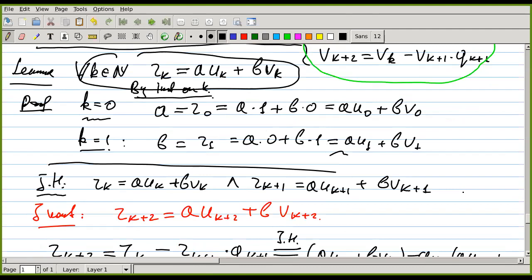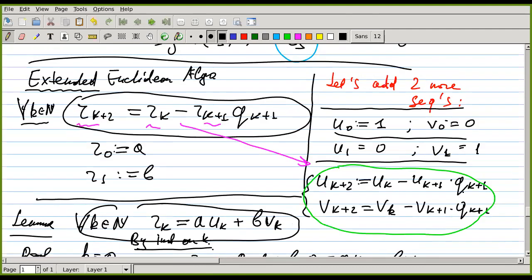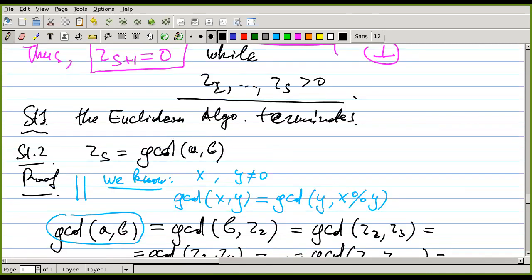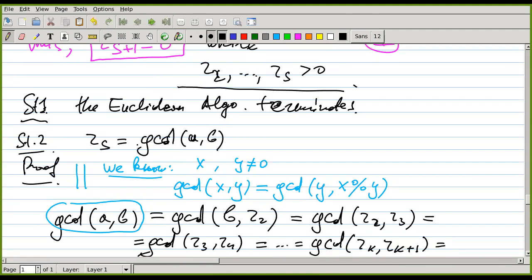Yes. And in particular, we can take K being equal to S, but RS is the greatest common divisor.